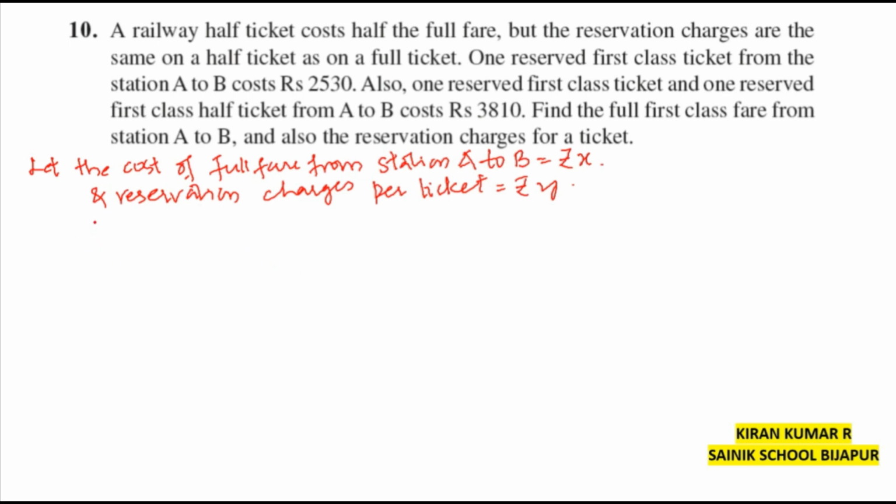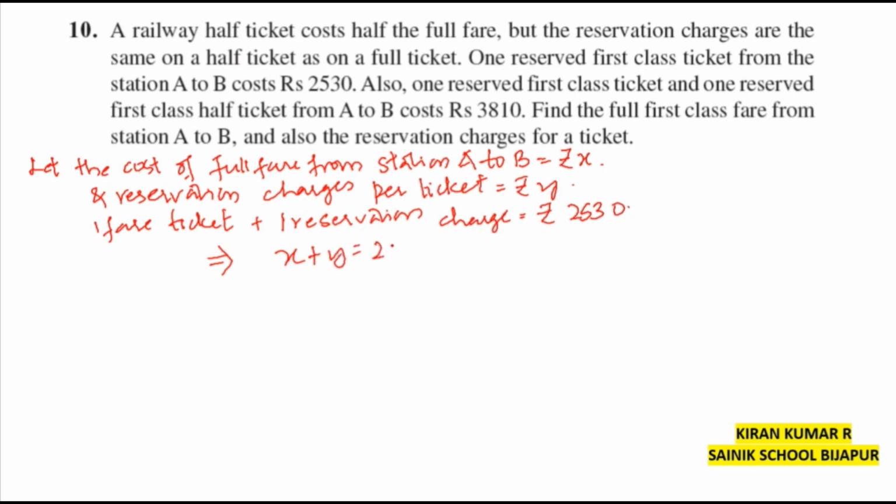So it means that one fare ticket plus one reservation charge is rupees 2530. So I have to consider X plus Y equal to 2530. Let me call this as equation 1.